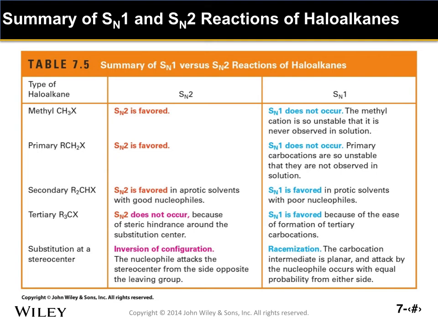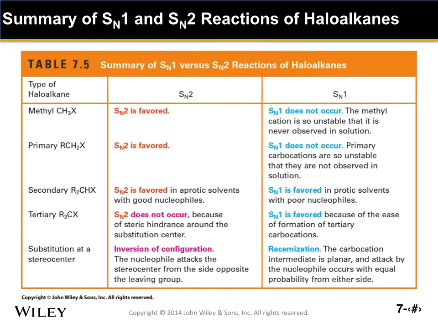For SN1 reactions to be favored, polar protic solvents. I'll add something to this: if there's something else that stabilizes the carbocation, such as resonance, maybe we have a phenyl or a vinyl group attached to the carbocation that can stabilize it by resonance, then we should guess SN1 for secondary alkyl halides. So tertiary alkyl halides, no SN2, only SN1.